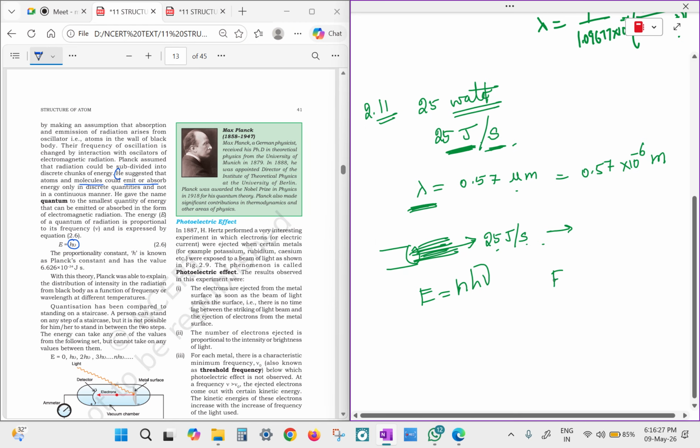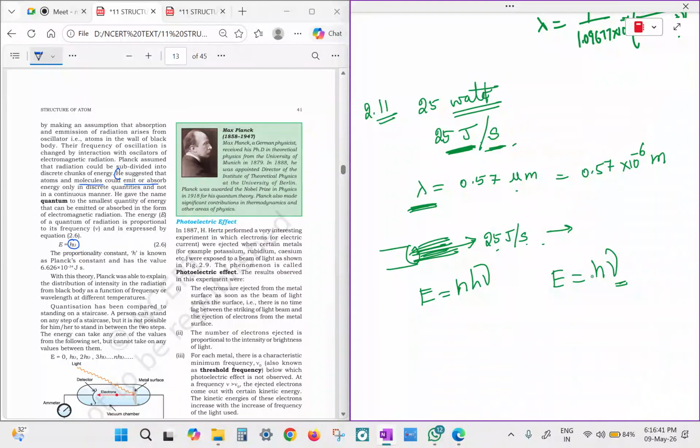So the energy can be higher if the frequency of the electromagnetic radiation is higher, or you can have more number of photons. So n h nu. I have two choices, right?